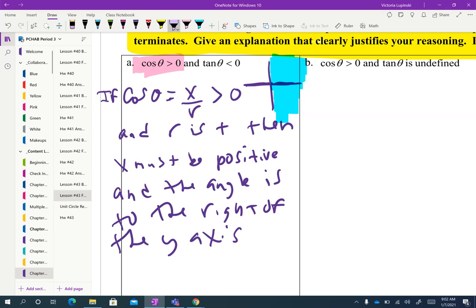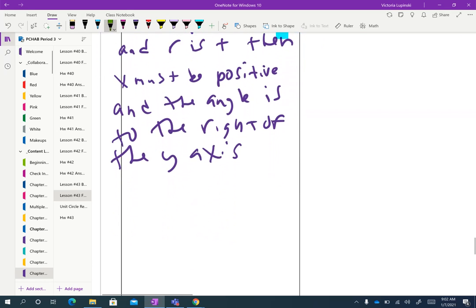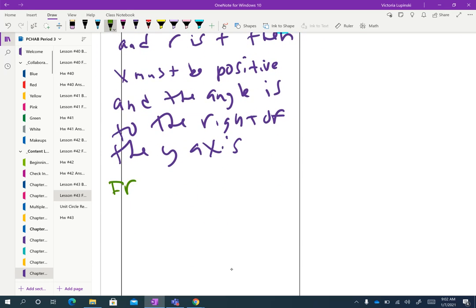Now we take the second piece of information, that the tangent of theta is less than 0. Because a tangent is equal to y over x, and it has to be less than 0, and we already figured out in the previous step that x is greater than 0, then if y over x is less than 0 and x is already positive, y has to be negative.